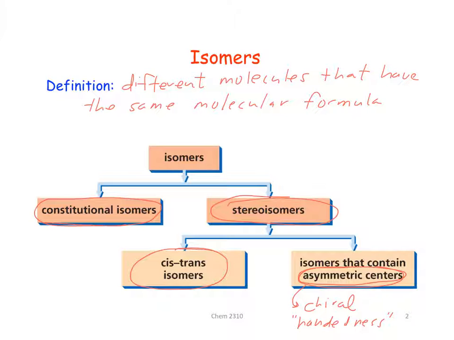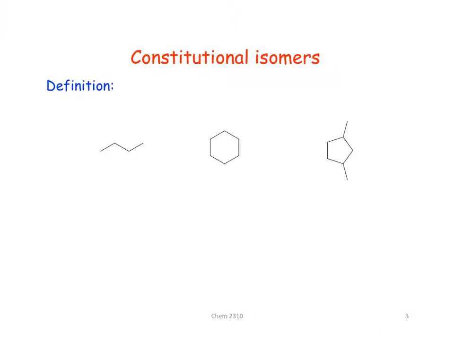Let's run through a few slides reviewing some examples of constitutional isomers and some stereoisomers that involve cis and trans relationships. Constitutional isomers differ in their connectivity of atoms.